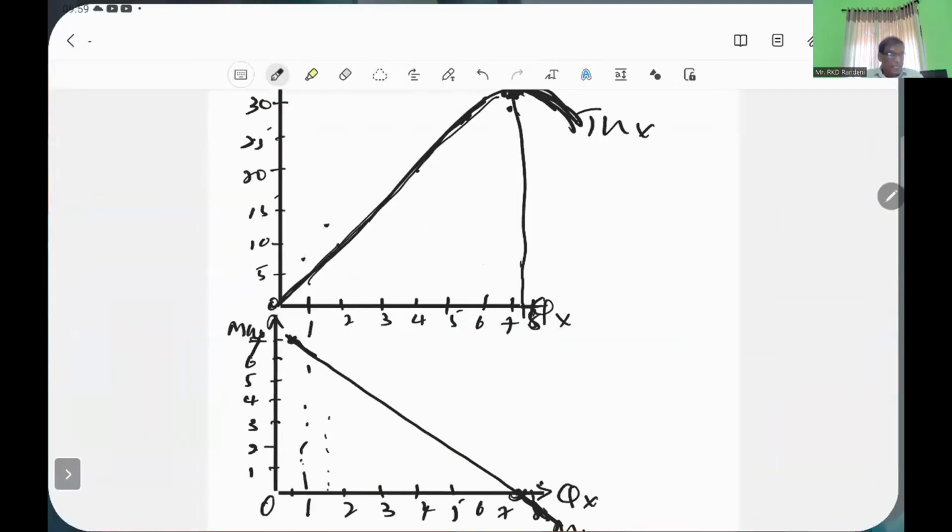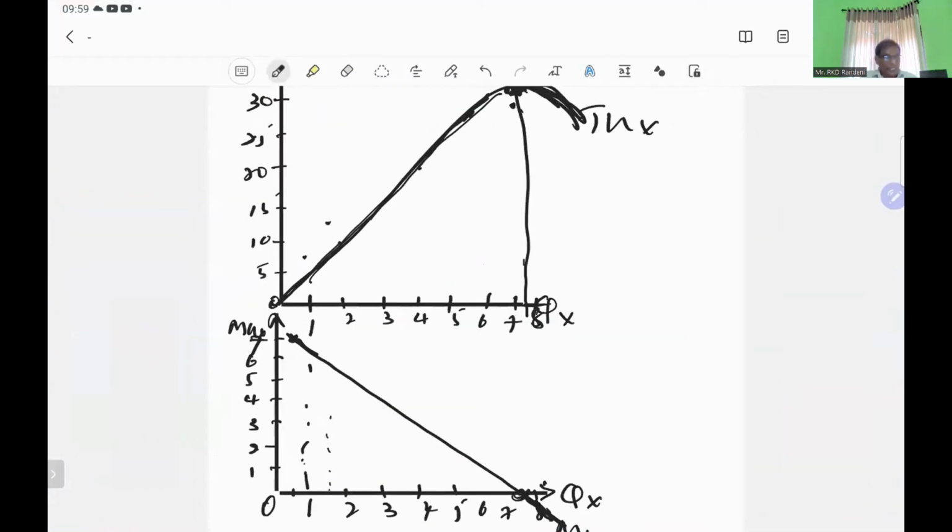Again, the relationship between TU and MU. Normally total utility has a positive slope. Here you can see that the curve has a positive slope, and MU has a negative slope. When total utility increases at a diminishing rate, the marginal utility diminishes.